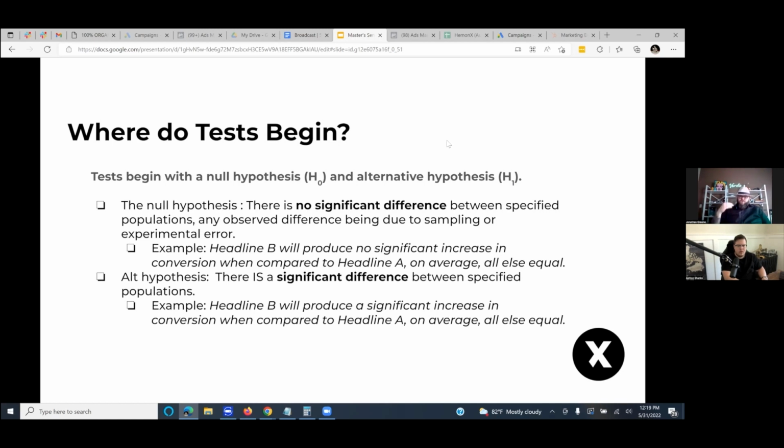In other words, there's no significant difference between my test variation and the control. That's hypothesis 0, or null hypothesis. An example of that would be headline B will produce no significant increase in conversion when compared to headline A on average, all else equal.